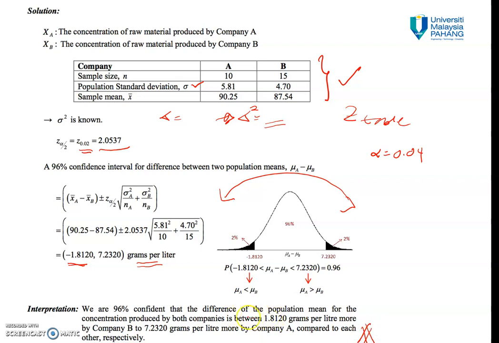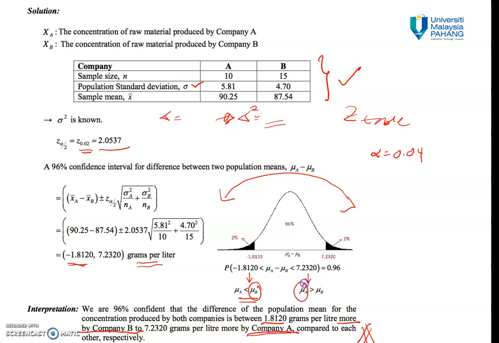If you look here, we are 96% confident that the difference of the population means for the concentration produced by both companies is between 1.8120 grams per liter more by company B. Why? Because if you look here, company B is more than company A. And the other side will be up to 7.2320 grams per liter more by company A. Why?